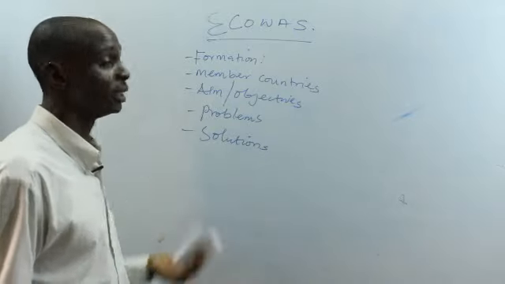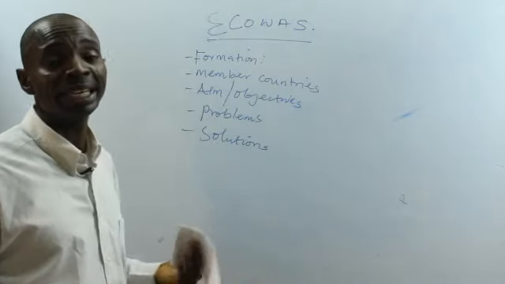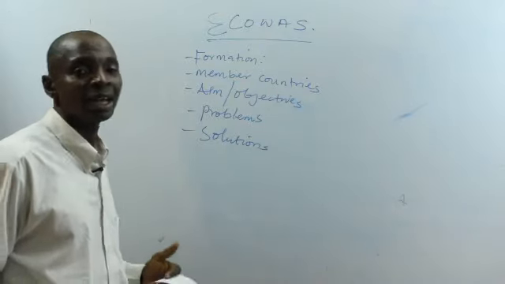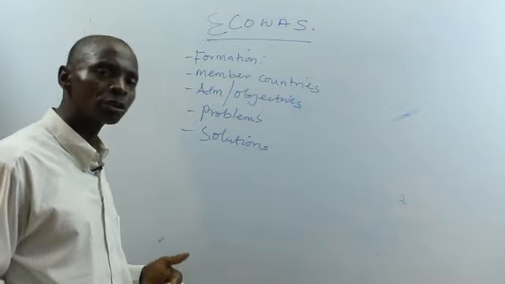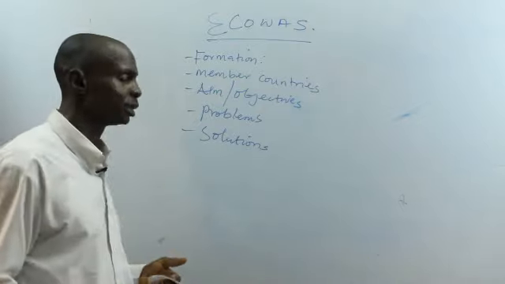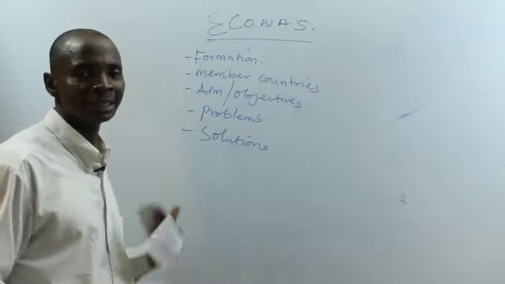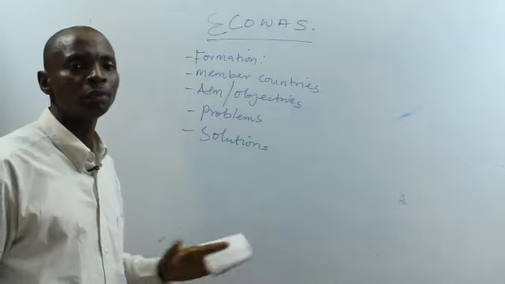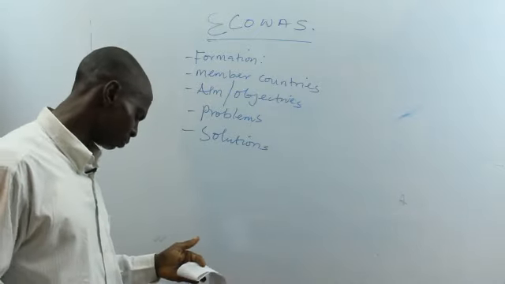Even though it's one of the aims and objectives, up till now that aim has not been realized. So if there is a common currency, the eco currency within the region, it will smoothen the rate of movement among the member countries.